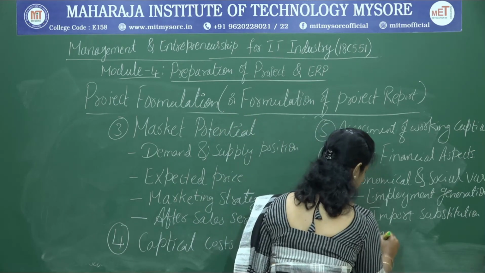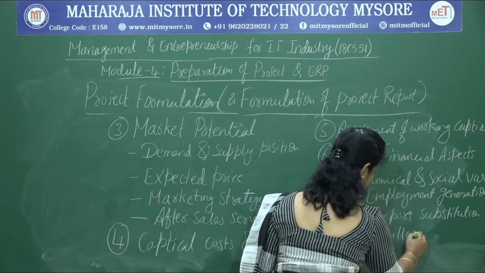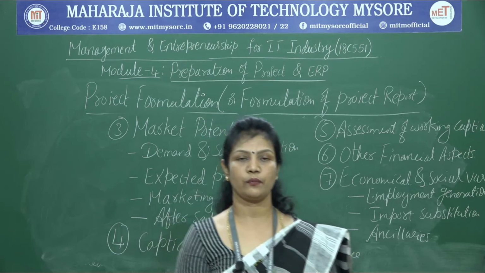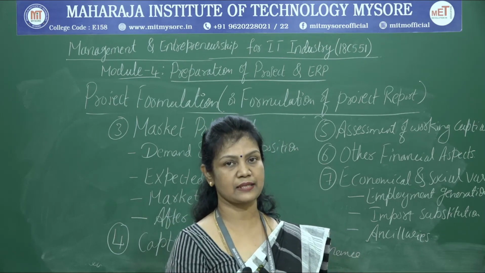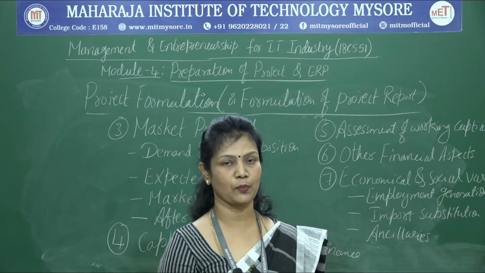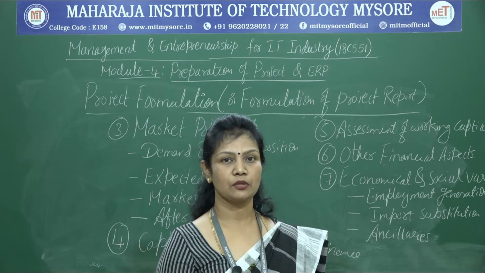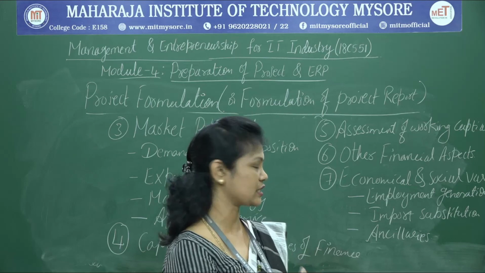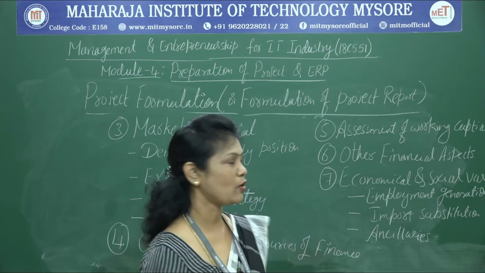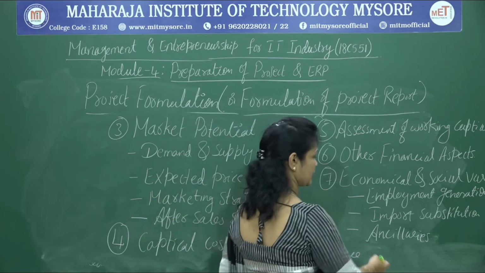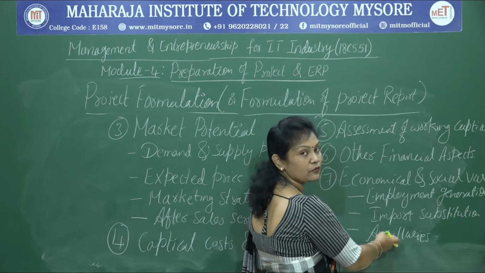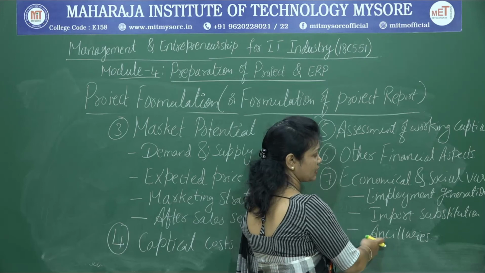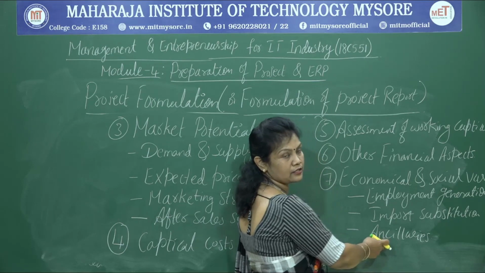And also ancillaries, meaning whether they have given business by purchasing some of the products which are needed to develop the complete product, whether they are purchasing any of the smaller equipment or machinery or some part which is needed for the development of the finished product from any small sectors, right?